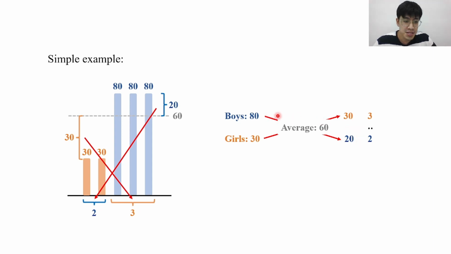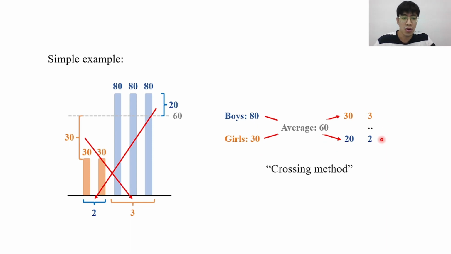So instead of writing the difference like this horizontally, I will do a cross. Because we know the difference is opposite or in the reverse order of the ratio. That's why I have to do this crossing over here. And we see that indeed the number of boys to the girls is 3 to 2.